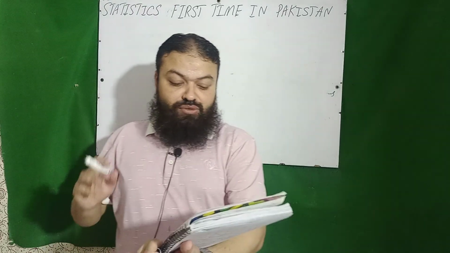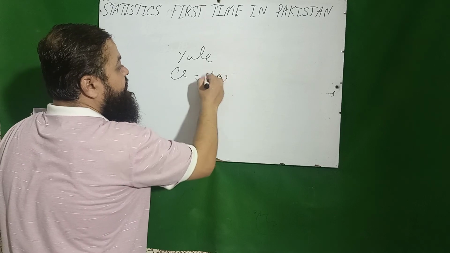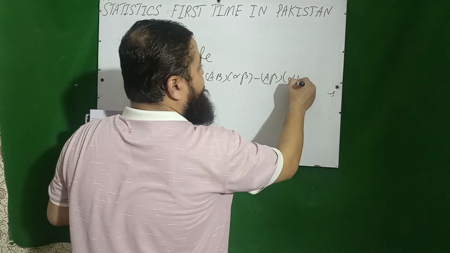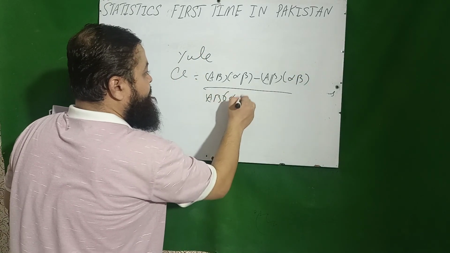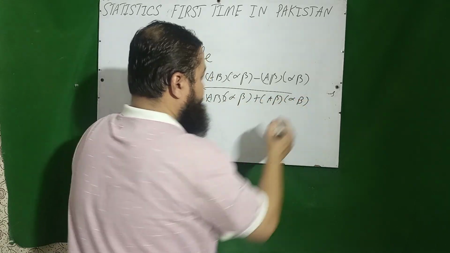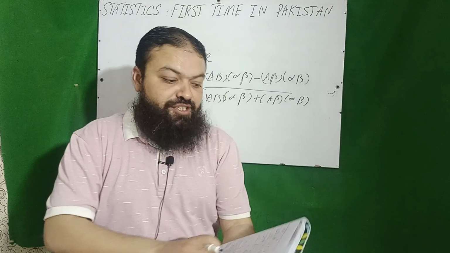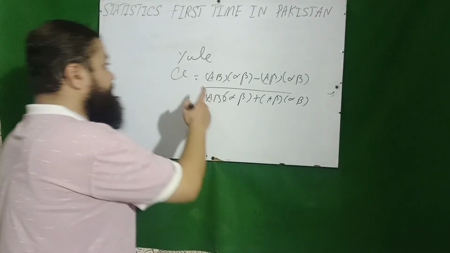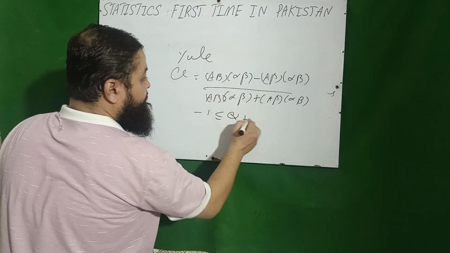Next question, the coefficient of association, which is Q equal to AB alpha beta minus A beta alpha B over AB alpha beta plus A beta alpha B, is also introduced by Yule, and the range of Q will be -1 to +1.